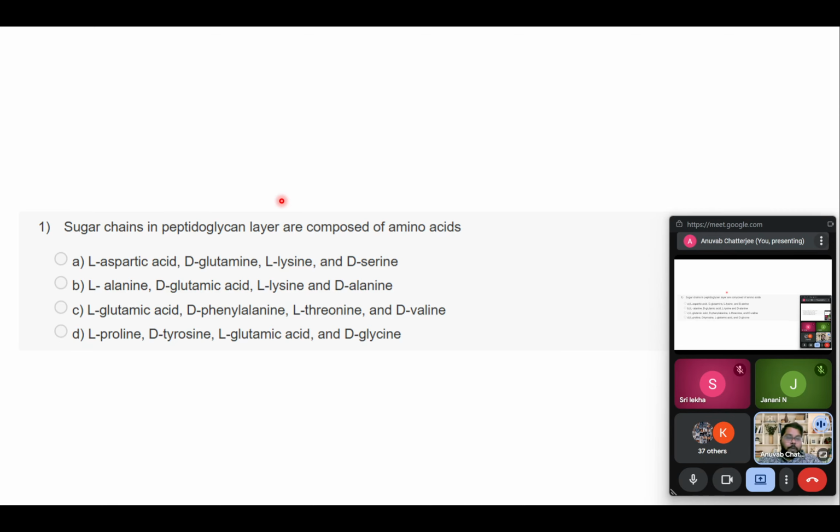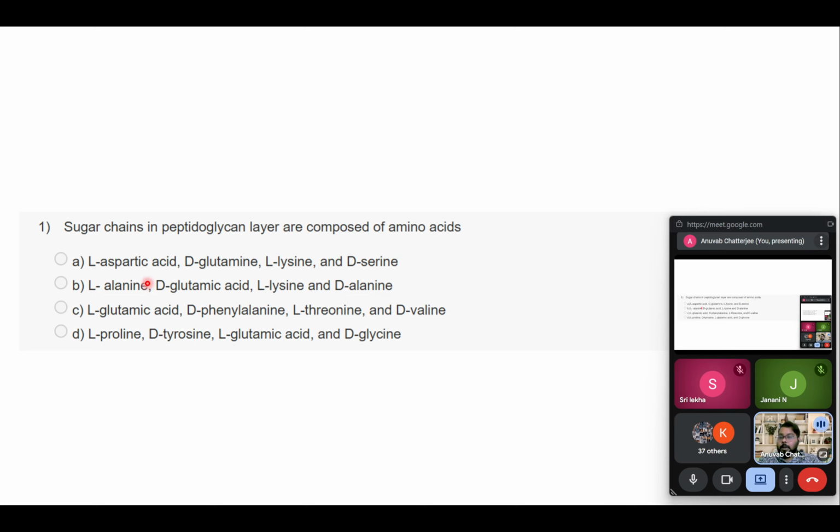So the first question that we have is: sugar chains in peptidoglycan layer are composed of which amino acids? So the peptidoglycan layer, as you would know, is part of the cell wall of prokaryotic bacteria. And the question asks us which amino acids actually compose this peptidoglycan layer.